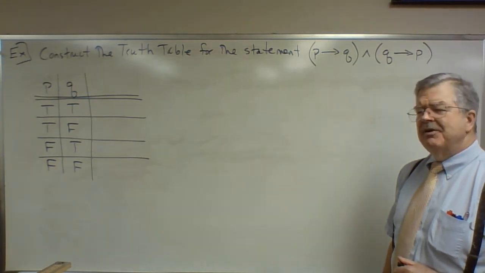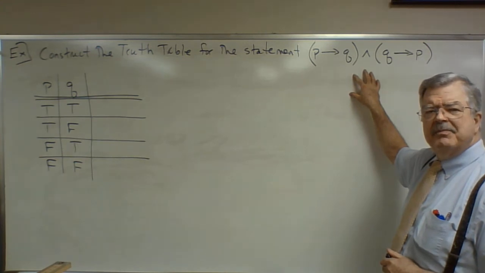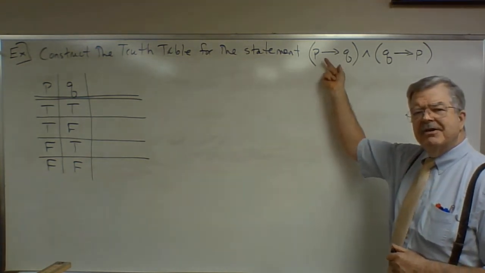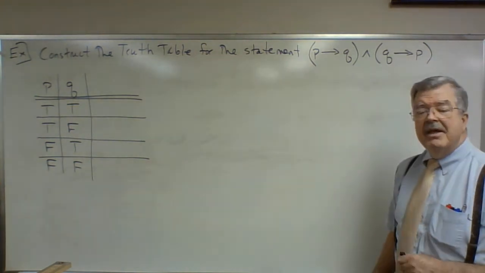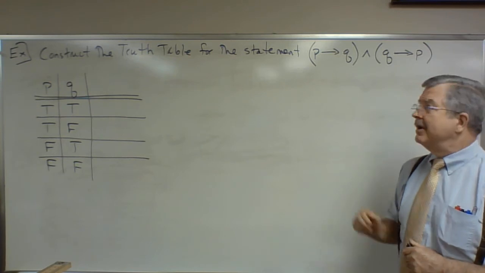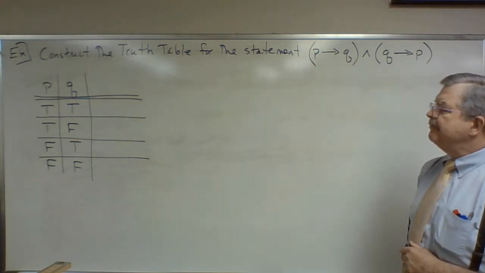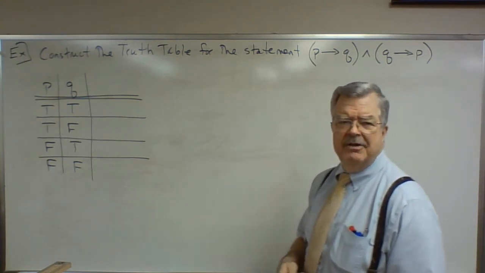So I guess in order to figure out the truth values for this whole statement, I have to figure out the truth values for this thing first, and the truth values for this thing first, and then I can figure out the truth values for this thing and that thing. So I need the truth values for P implies Q first.